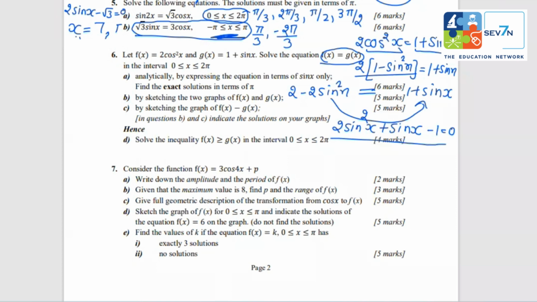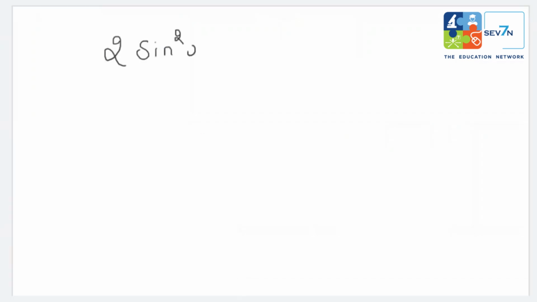And tell me x. Find your sin x value first. Sin x is what? There are two values of sin x. Okay, are you able to solve it, or I will help you? Your sin x will be minus 1, right? Yes.